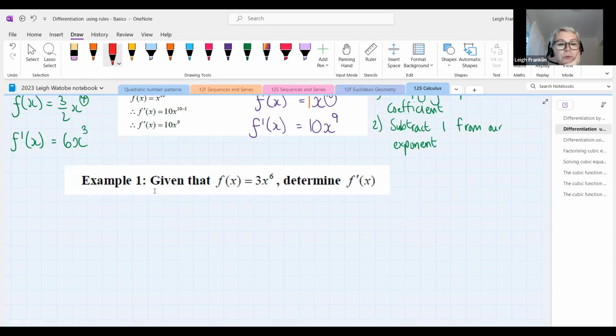What would you do? You would write 3 times 6. Okay, so set it out the right way. F prime x equals 3 times 6, which would give us 18. Excellent. X to the power of 6 minus 1, which is 5. Beautiful. Perfect. 100%. There you go.